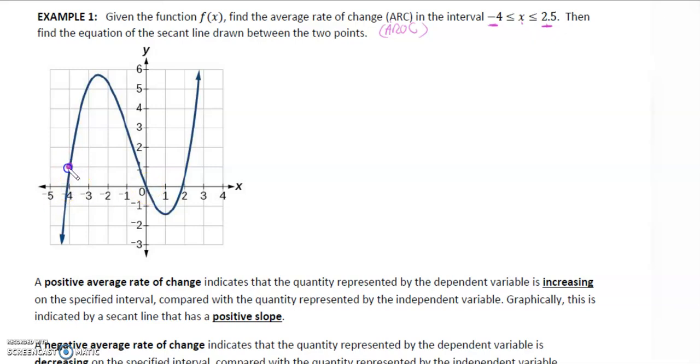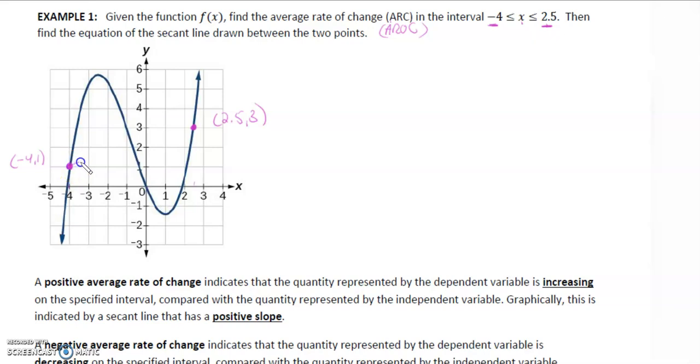We go through this point here, so that is actually the point -4, comma 1. And then 2.5, I'm going to locate the point, I think that this is correct, 2.5, comma 3. Then find the equation of the secant line drawn between these 2 points.